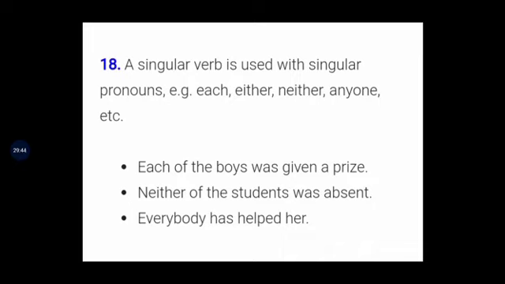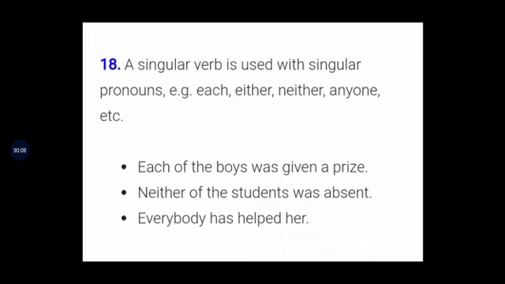So here, each of is the singular pronoun. The boys is plural, but here we are speaking about each boy. So the subject is singular, and a singular subject takes the singular form of the verb. Each of the boys was given a prize.